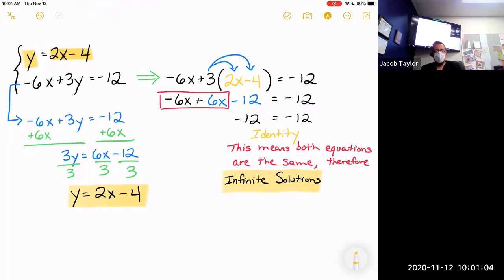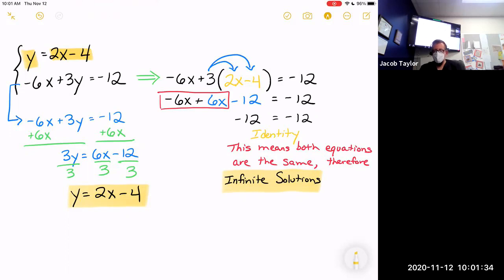Can anybody take a guess what would happen if I were to have a system of equations that had no solutions? The x's would still disappear. What would happen though if I had no solutions? They wouldn't intersect at all. If I was graphing, it'd be two parallel lines.